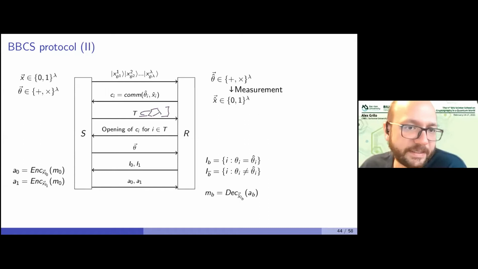So the idea is that the receiver will open half of the commitments, or half of the measurement outcomes that she was supposed to obtain.